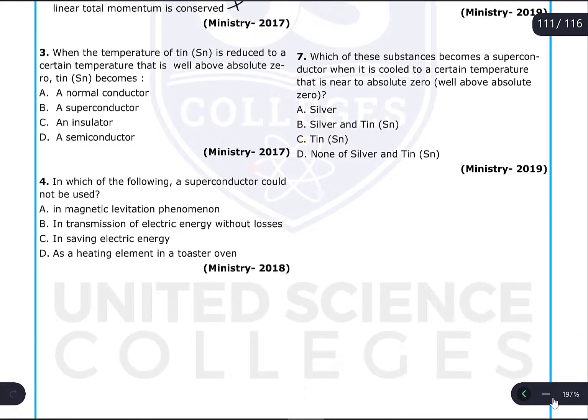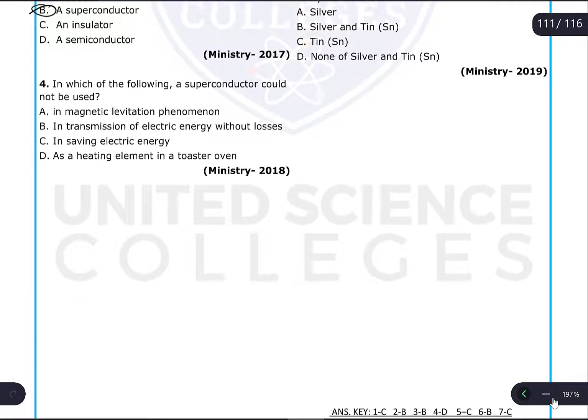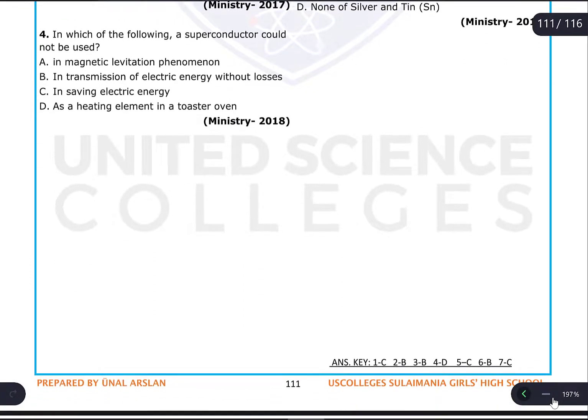When the temperature of tin is reduced to a certain temperature that is well above absolute zero, tin becomes a superconductor. It is tin. In which of the following could a superconductor not be used? Magnetic levitation is one of the ways we use superconductors. Transmission of electrical energy without loss is a good way, because superconductors have no resistance, they don't lose energy.